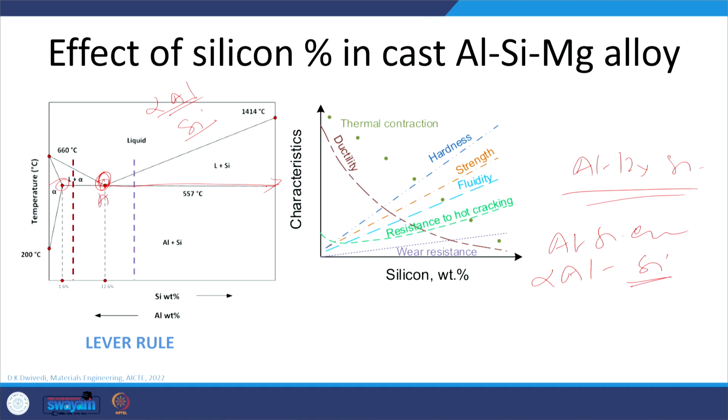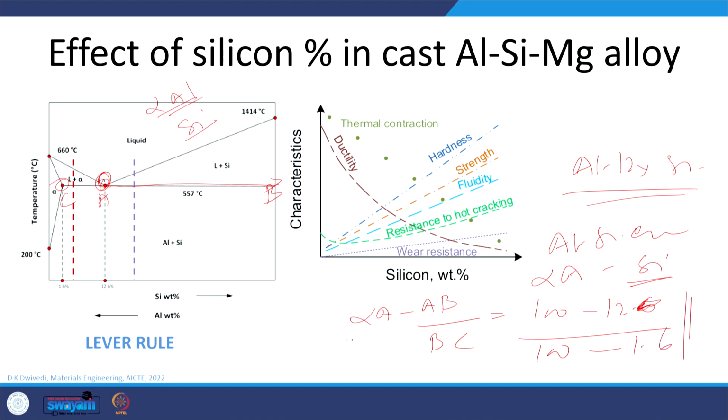Here A, B and C. For alpha aluminum in the eutectic, we determine AB divided by BC, which is 100 minus 12.6 divided by 100 minus 1.6.